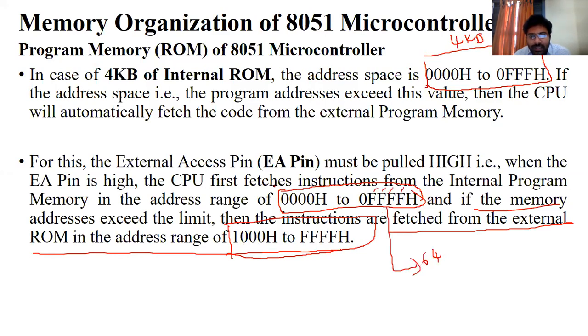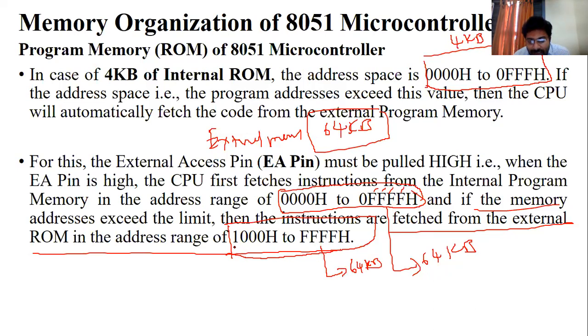Sorry, I made a mistake. The external memory is 64 KB, not 4 KB. You can count the Fs: four Fs is 64 KB. This is also the 64K. But where does it start? It starts at 1000.